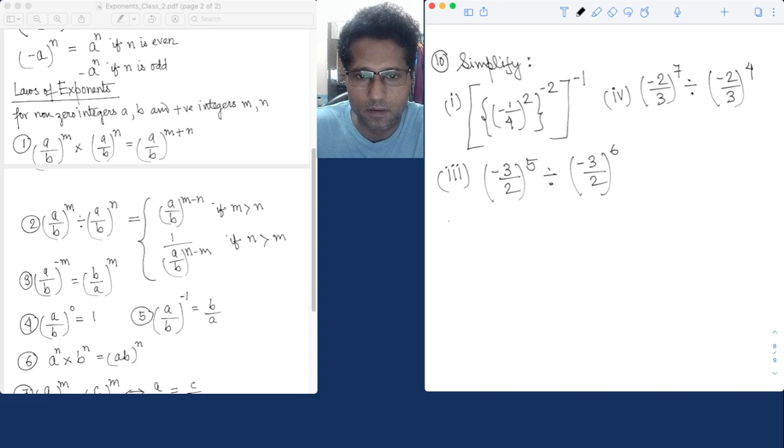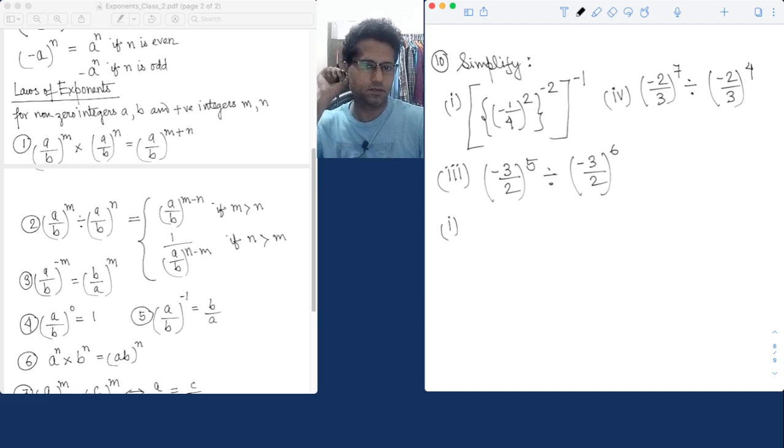So question number 10 part 1 says simplify. Okay, so here we have 3 powers. First, the rational number, the base is minus 1 by 4 raised to the power 2, again raised to the power minus 2, and again raised to the power minus 1. So we will apply directly the formula. I am not writing the expression, I am directly writing the formula.